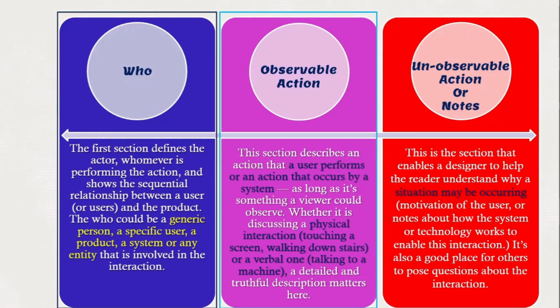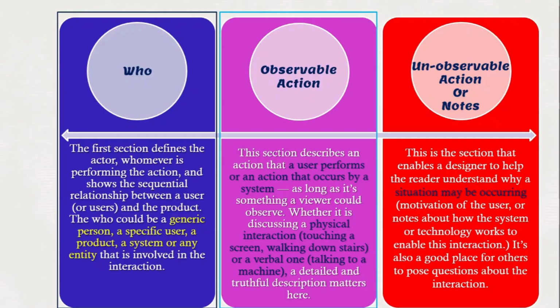Like you are operating the mobile, touching the mobile, and watching what is happening with your mobile. As long as it's something a viewer would observe, whether it is a physical interaction, maybe like touching a screen or walking downstairs, or a verbal one, like giving an instruction, hello Google, hello Siri, these are the observable actions.